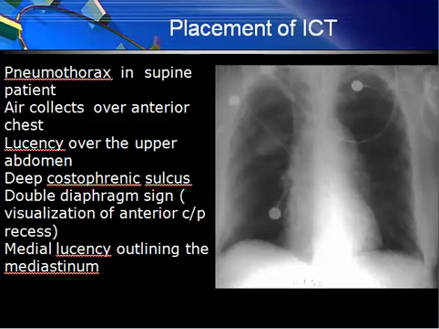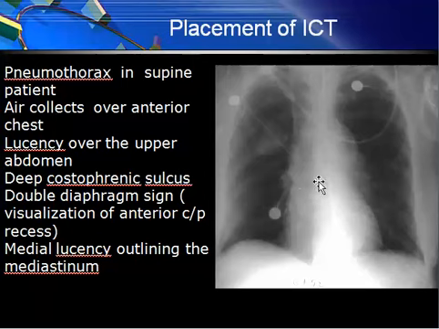Pneumothorax in supine position: of course, air will collect anteriorly while the fluid collects posteriorly if there. Lucency over the upper abdomen. Deep costophrenic sulcus, double diaphragm sign, visualization of the anterior recess and the dome at the same time. Medial lucency outlining the mediastinum.